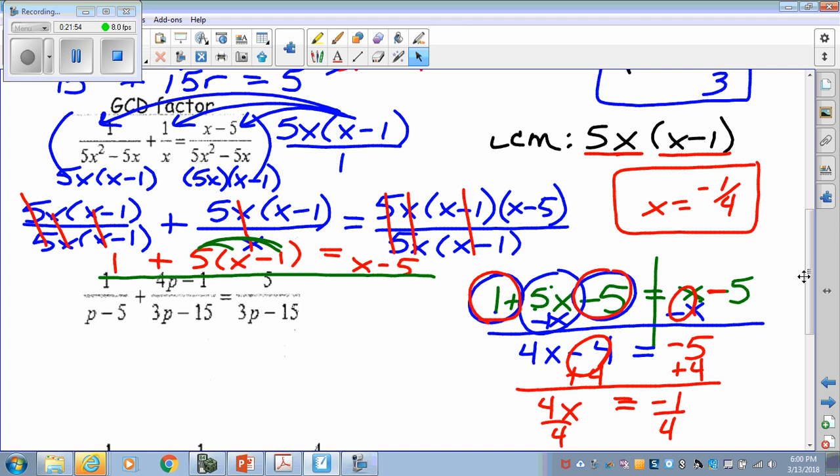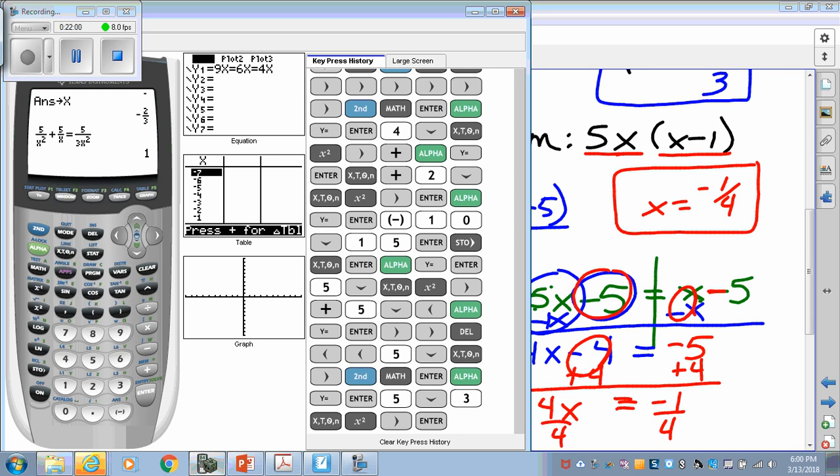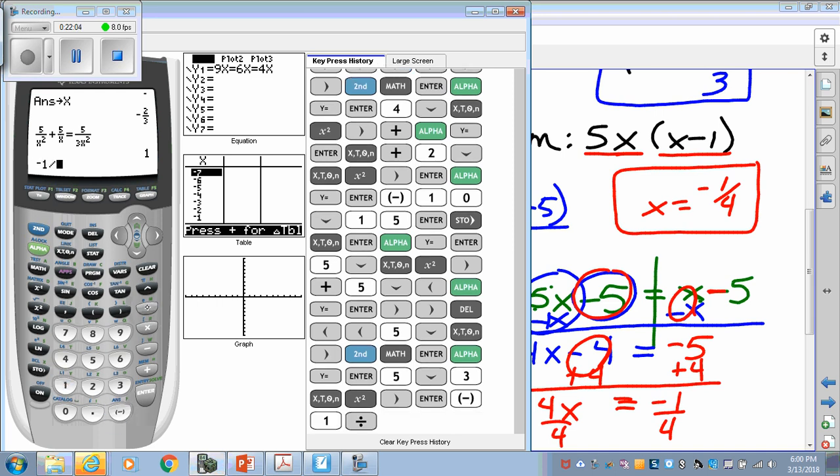And then I'll check it out by storing that, right? So I'll do -1/4, -1 divided by 4. All right. Oh, I forgot to store in x.